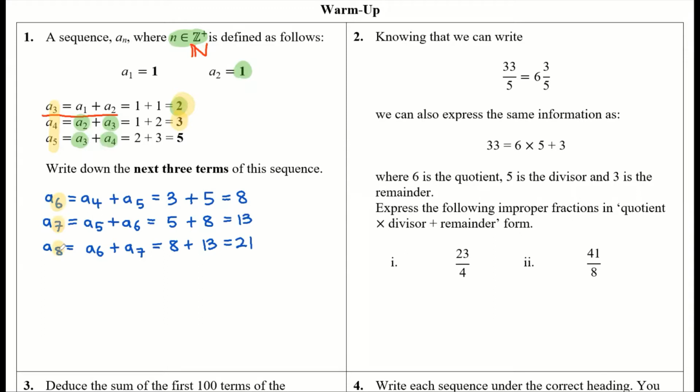And then in the first column on the right-hand side of the equal sign, each term is going up 1 each time, starting at 1. So 1, 2, 3, so that must go to 4, 5, and 6. And then the same pattern here, 2, 3, 4, will produce 5, 6, and 7. And then when we've located each of these terms, we simply add them together. So your next 3 terms are going to be 8, 13, and 21.